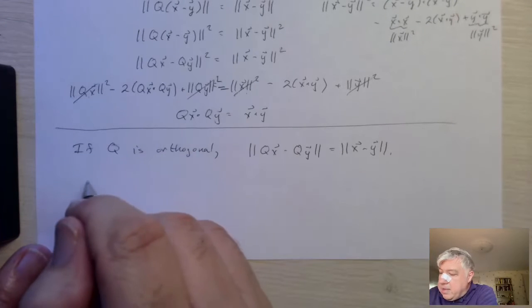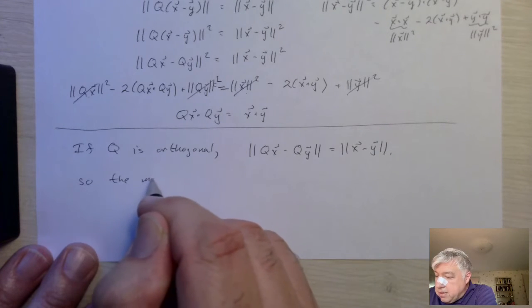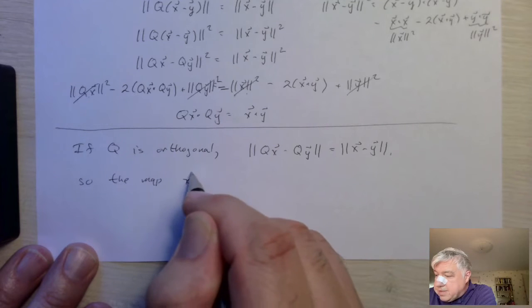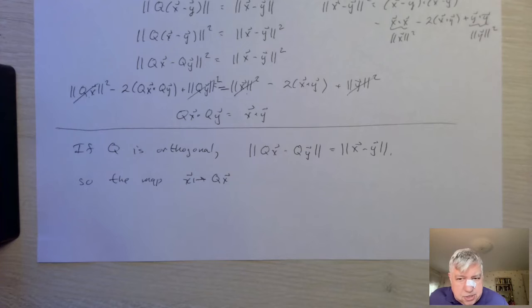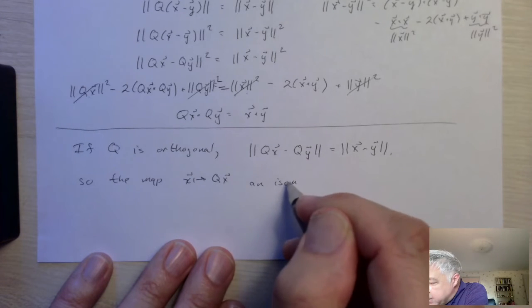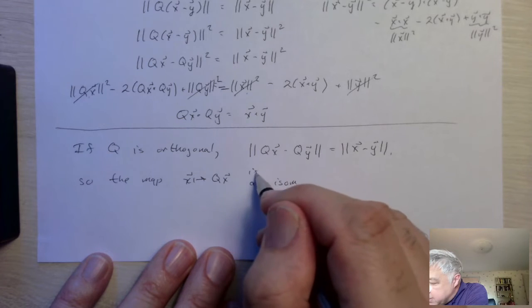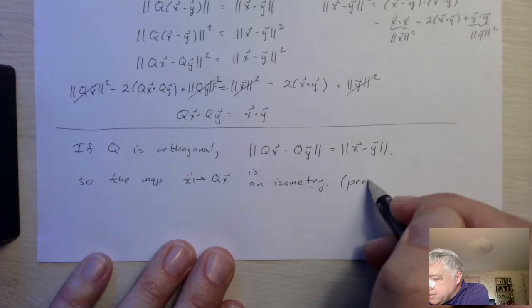In other words, the map that sends x to Qx is a linear transformation, but it's also an isometry, meaning it preserves distances.